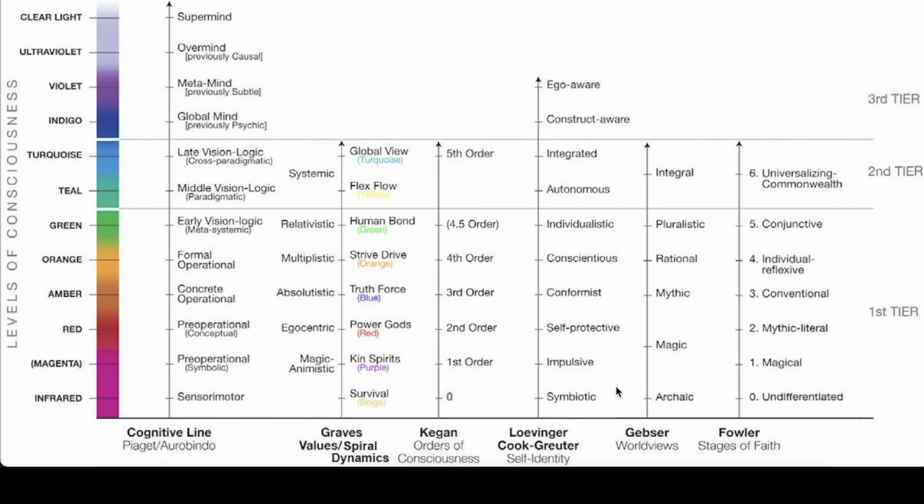Some people are familiar with Jean Gebser's work: archaic, magic, mythic, rational, pluralistic, and they have an integral stage. There's Maslow's hierarchy of needs, which is more commonly known. Here there's Fowler's stages of faith. Loevinger, Cook-Greuter. Susanne Cook-Greuter is amazing in this space, and she uses her research to point out and has data for some of the more advanced stages.